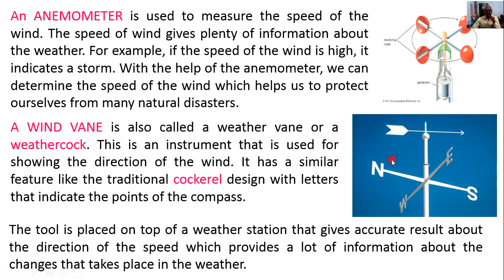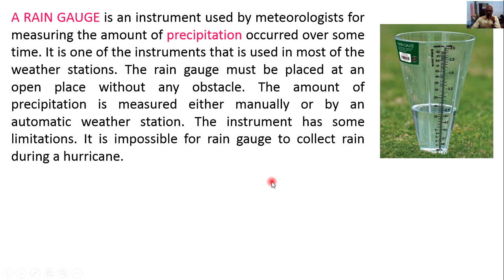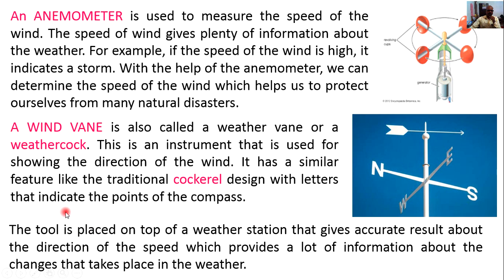Here you can see the arrow-like weathercock, and that is the north, south, east and west. Similarly, again the tool is placed on top of a weather station that gives accurate results about the direction of the wind, which provides a lot of information about the changes that take place in the weather.